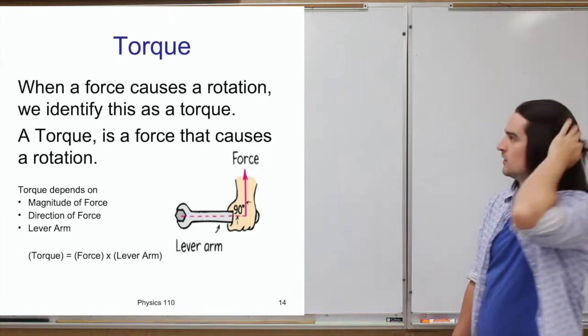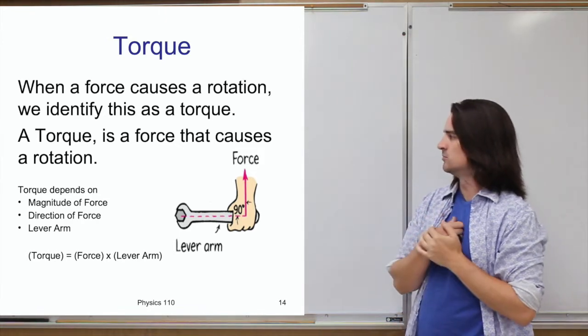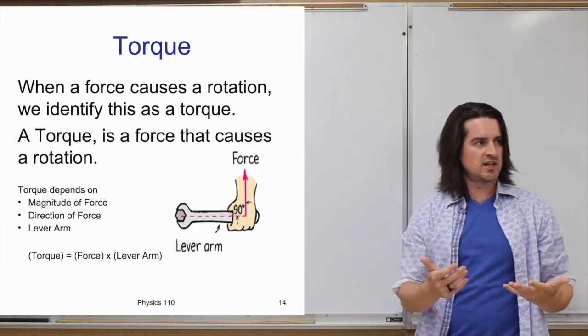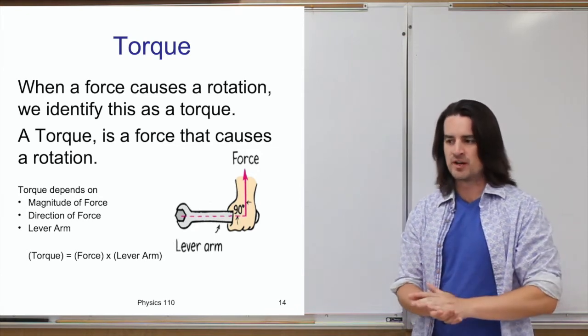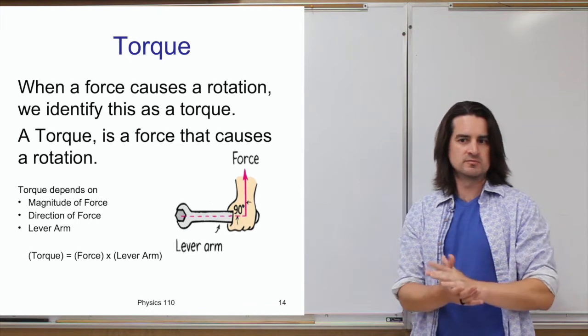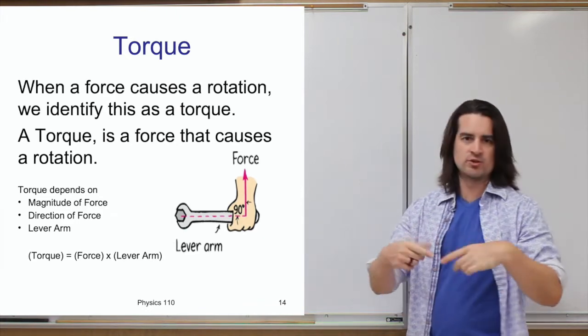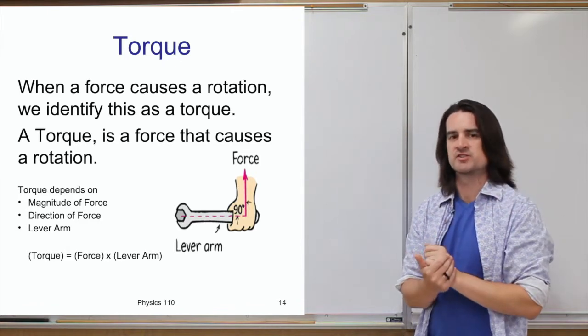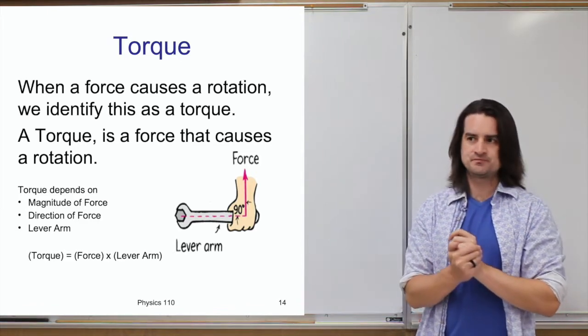Okay, so we said a good bit about objects rotating, but what causes an object to rotate? Why do the hoops start rolling, or why does the hammer want to fall to the side, that sort of thing?